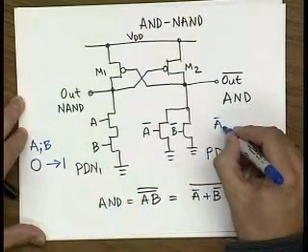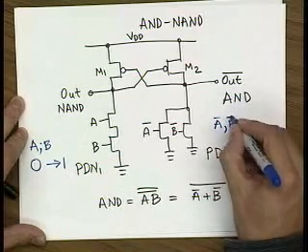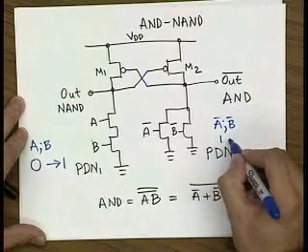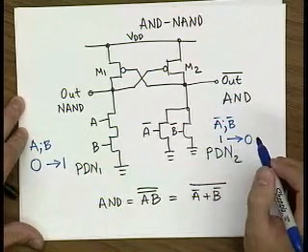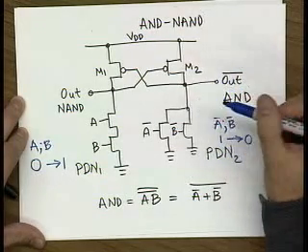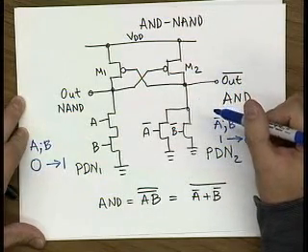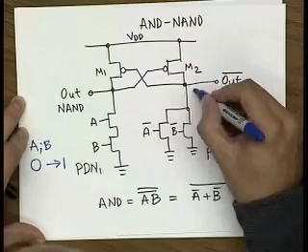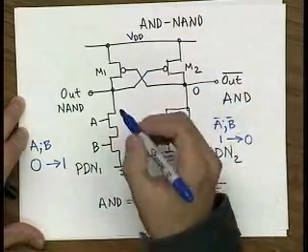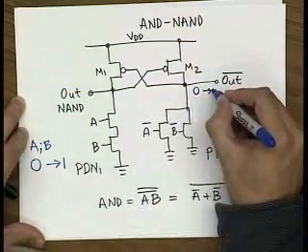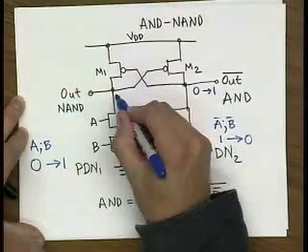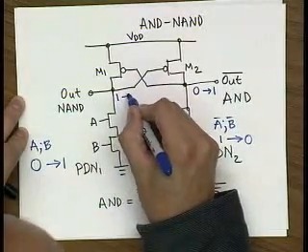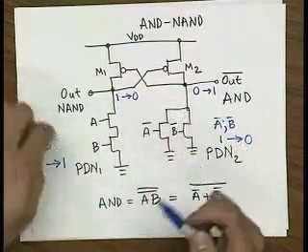So that means A bar, B bar go from 1 to 0. So this means that this AND function was initially at 0, and it will go to 1, and this was initially at 1, and it will go to 0.